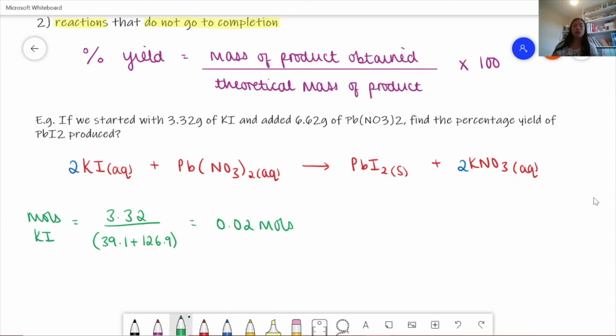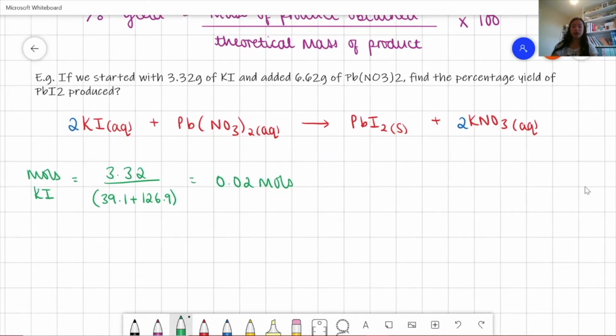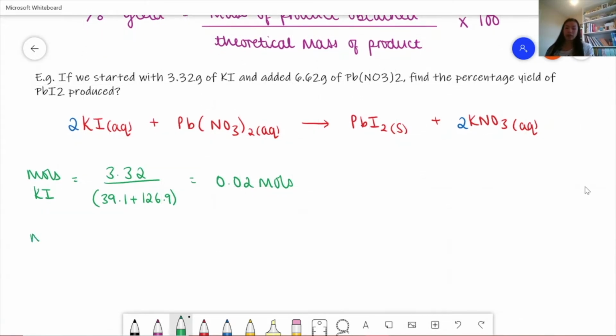And then we work out the moles of lead nitrate that we have. So the moles of lead nitrate is equal to, again, the mass over the Mr. The mass is 6.62, and then we divide it by the sum of all the Ars.